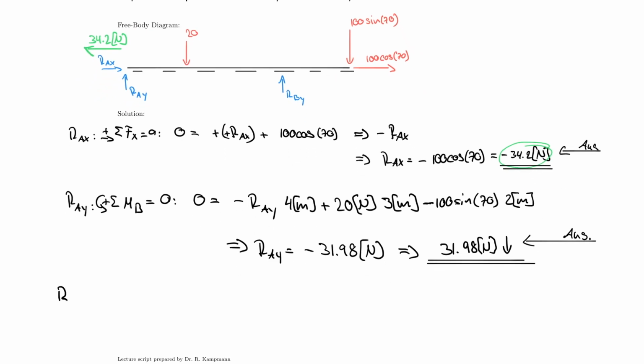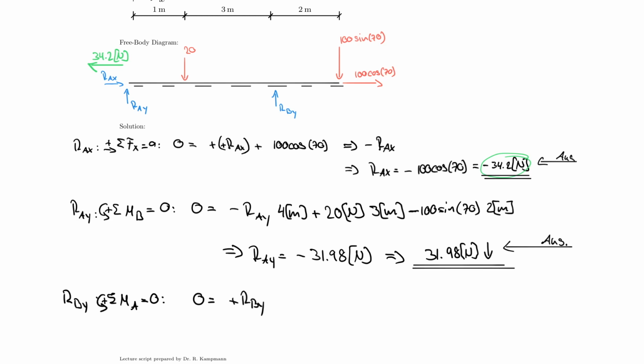I could use force equilibrium, but I choose to use the sum of the moments about point A being equal to 0, counterclockwise positive, and then 0 is equal to RBY, I always start with my unknown, turns counterclockwise, therefore positive, has a lever arm of 4 meters.